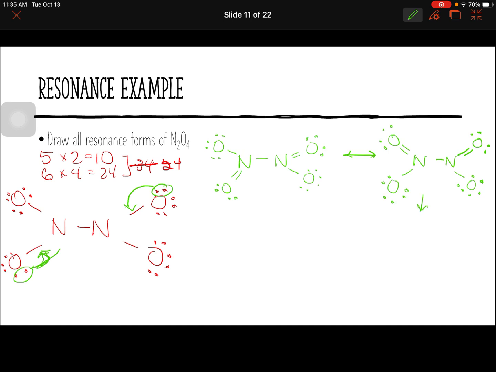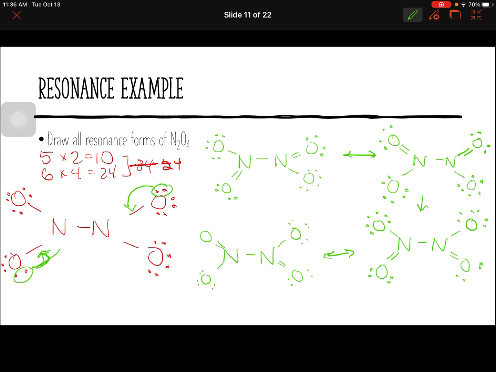Or I could have chosen this. Normally you're not going to have 4 resonance structures to do, but there's 4 here. Or I could have done this. Okay, so there's 4 different possible resonance forms, just moving those double bonds around.